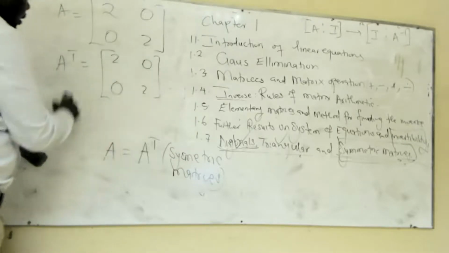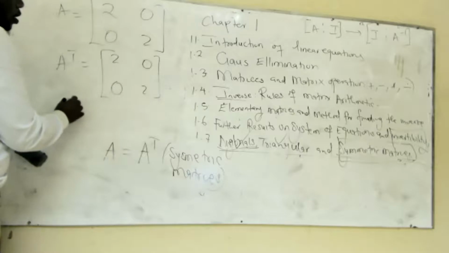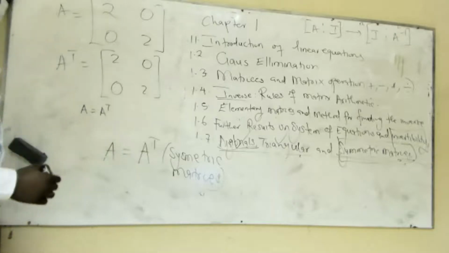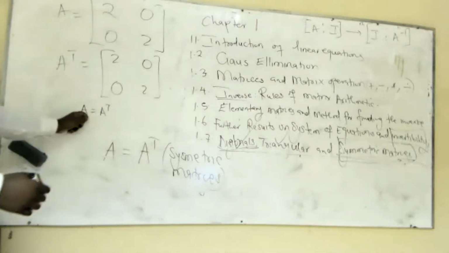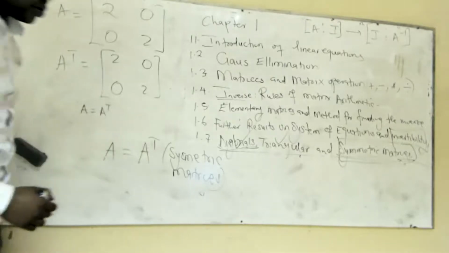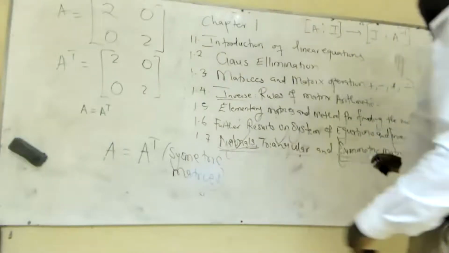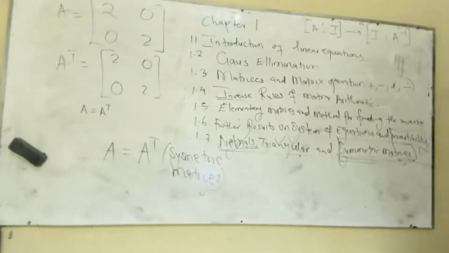Is matrix A symmetric or not? It's symmetric because A is equal to A transpose. Yes, very true. That is all about symmetric matrices. So we're done.